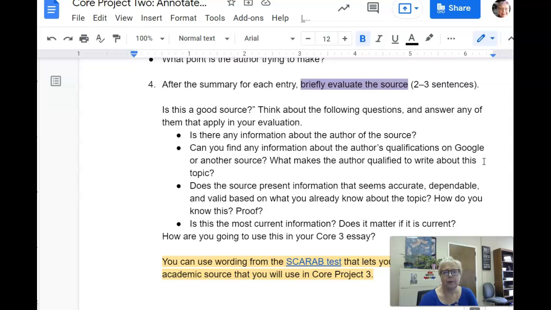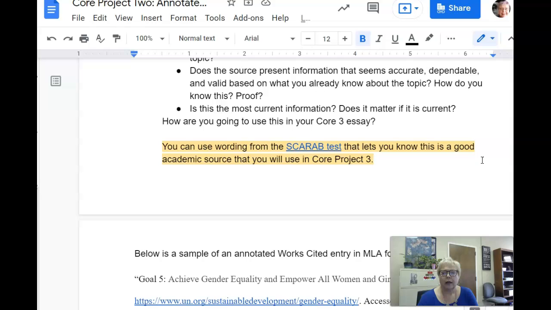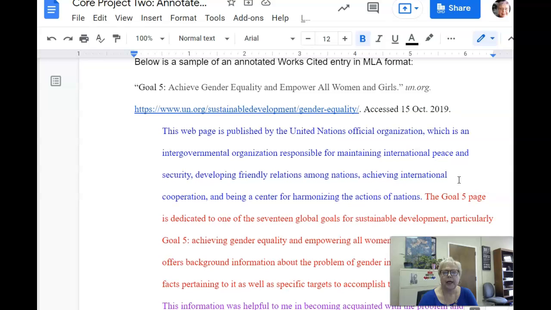You may have to go back to the website itself and look for information that you want to put in this. But you do this annotation for the 4 sources. Here's that SCARAB test that I introduced you to before, so you could go and pull information from that.